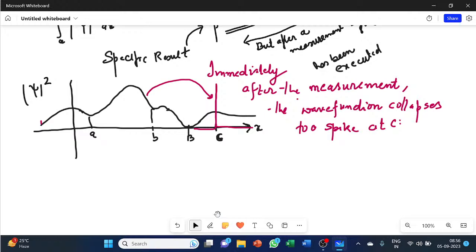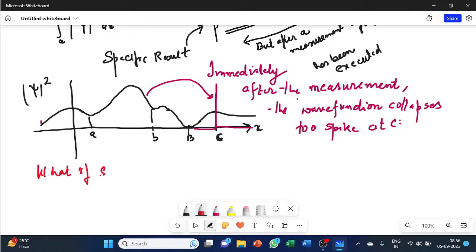Point number two. Now the question arises: immediately after having known that the particle is at C, if I make a measurement again, what will happen? So I'm just writing it here. Another question that arises is, what if subsequent measurements are made?